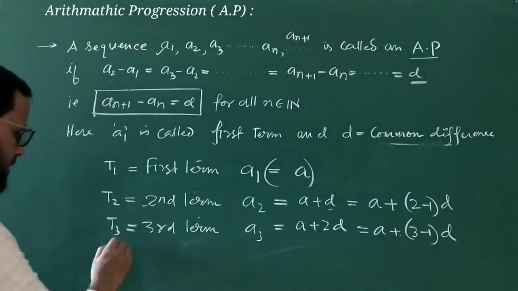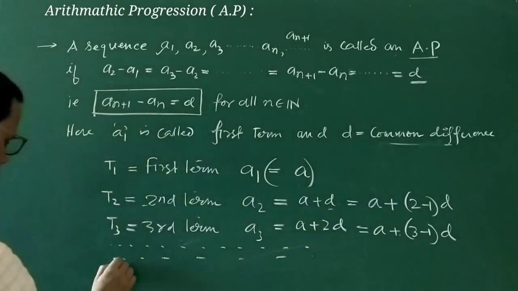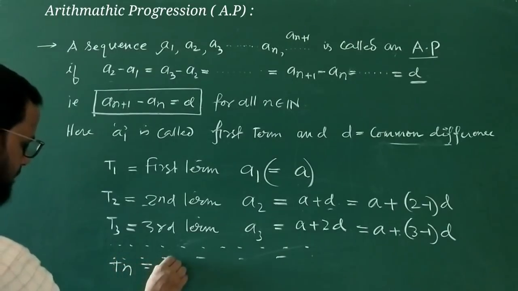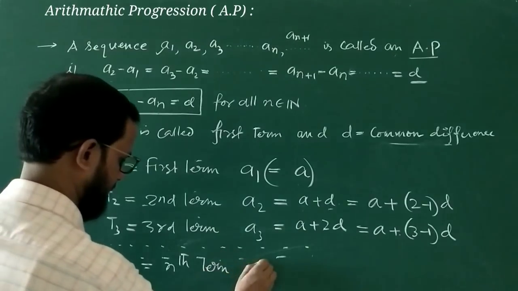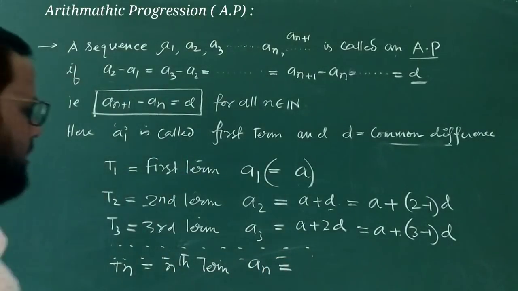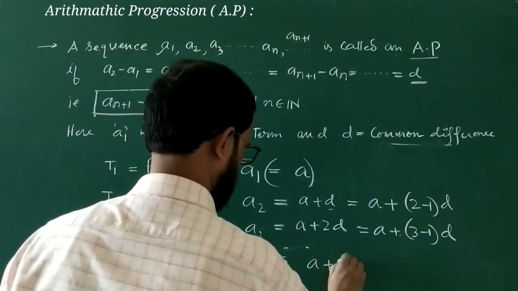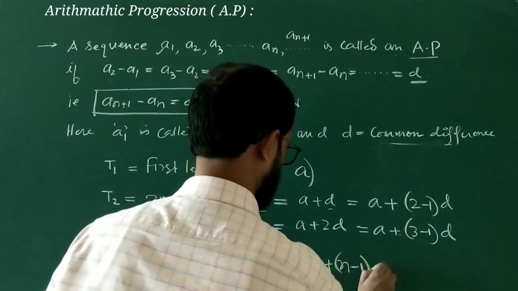In this way, what will be our nth term? The nth term an will be a plus n minus 1 into d.